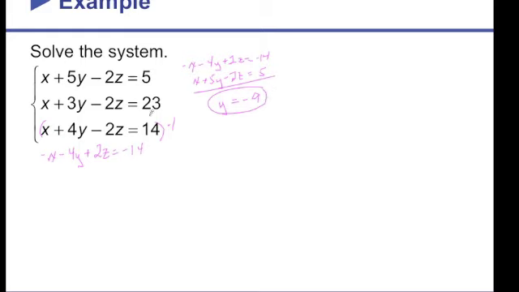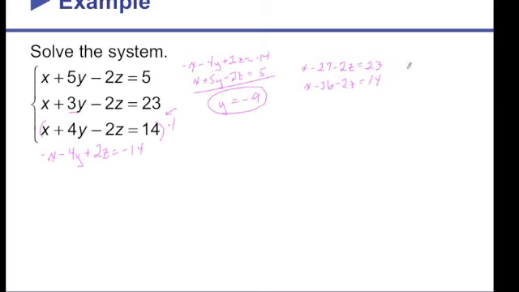Now I can take that and put it in both of these other equations. So putting it here, x minus 27 minus 2z equals 23. And in this equation, I have x minus 36 minus 2z equals 14.